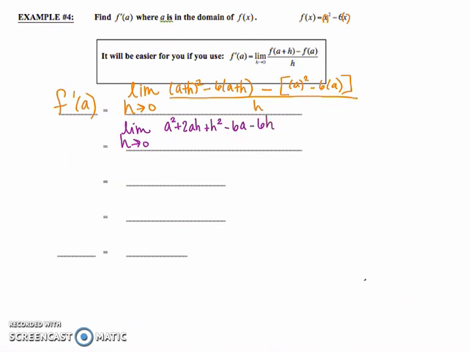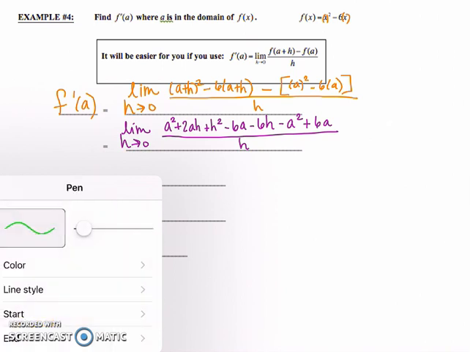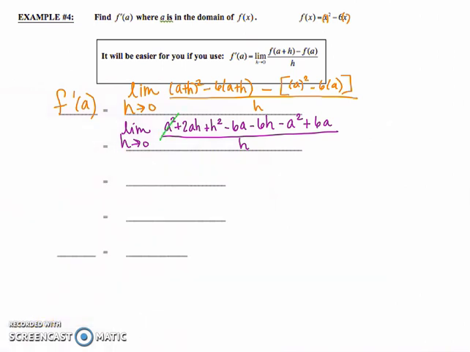And then when we distribute the negative through the bracket, we get negative a squared and positive 6a. And this is all over h. Okay, so now we look for things that we can cross out that are the same. We can cross out the a squared and the negative a squared. We can cross out the negative 6a and the positive 6a.